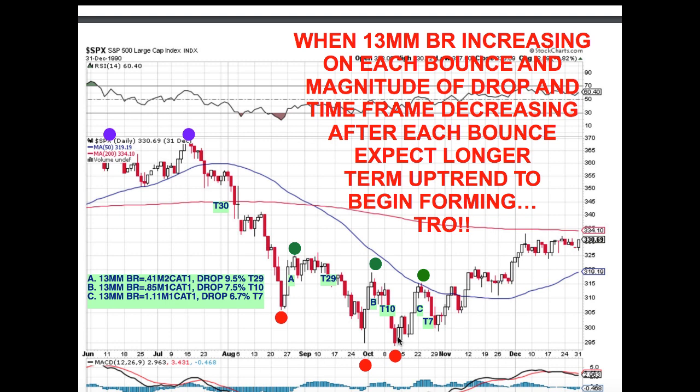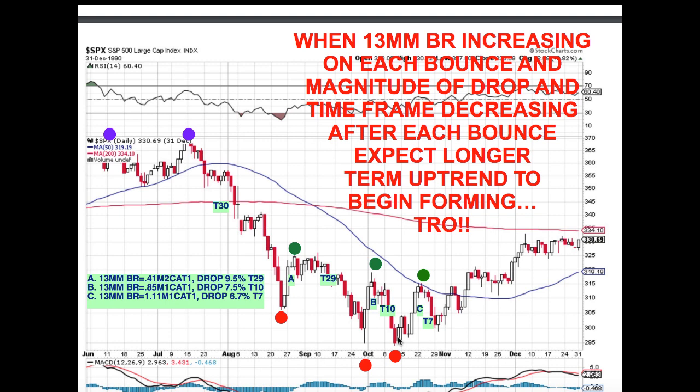All right, so basically what you've got here is that when the bounce ratio is increasing on each bounce, but the magnitude of the drop and the time frame are decreasing, then expect a longer term uptrend to begin forming.